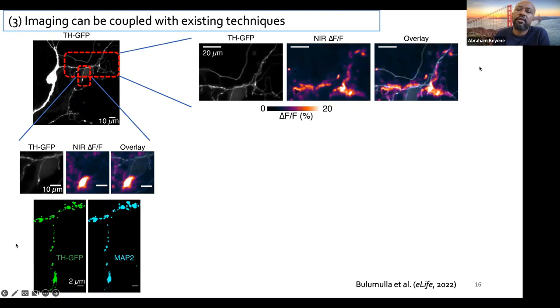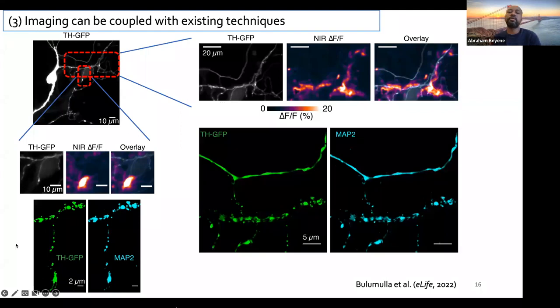Here is a bigger field of view with a more robust release being colocalized with a dendritic arbor. And again, we can re-image that area and convince ourselves that these are truly processes that are dendritic in nature.